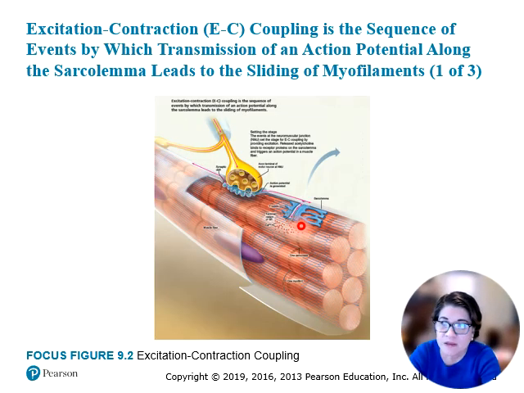Here's your motor end plate, acetylcholine. It goes in, it causes all that positive, negative business that we just saw, zapping the T-tubule, so making it positive in there. That zaps the sarcoplasmic reticulum, causing calcium to flood out. And this is why we need calcium, potassium, and sodium.